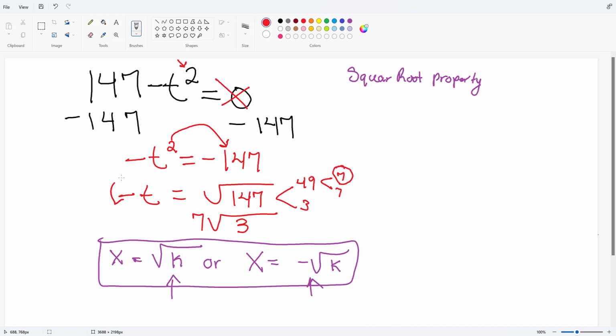And then we can bring over that negative sign and we can put it over here if you like. But in reality, your answer is going to be what the rules say your answer is. T is going to be equal to plus or minus 7 square root of 3. So this is your answer.